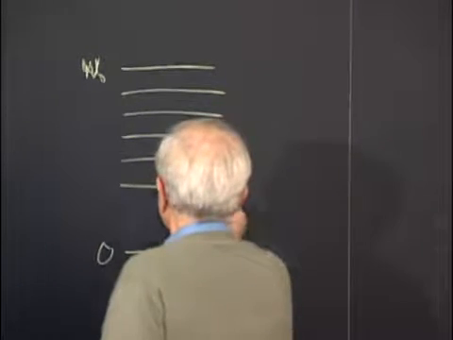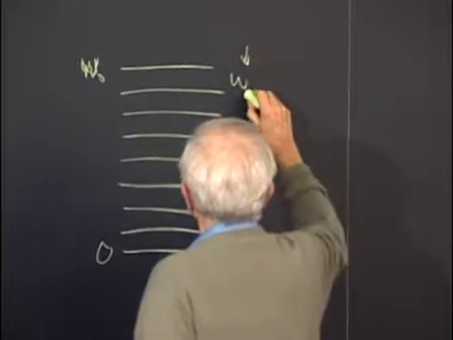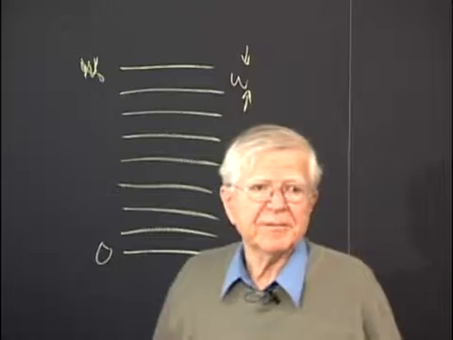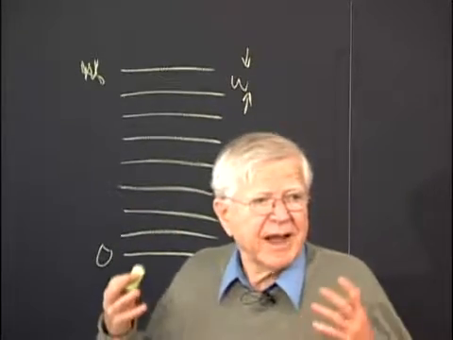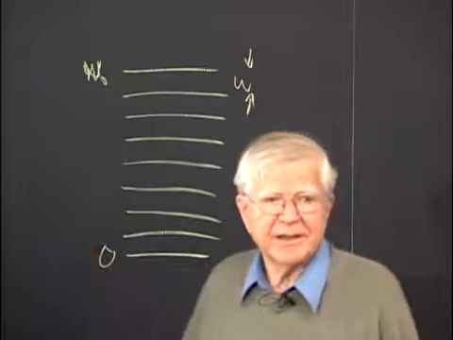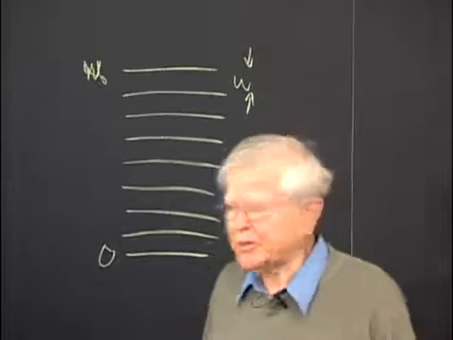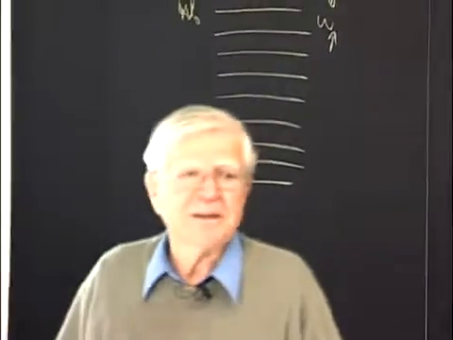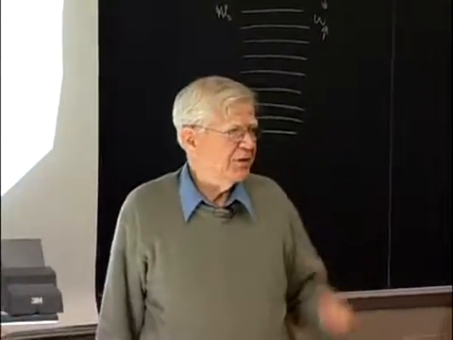We put lots of little pass bands in here, each of width W. And the question is, how many different frequency intervals do we get? How many different signals can we multiplex together here by using different frequency bands, which is exactly the way people who use QAM normally transmit data? Well, the answer is you get W0 over W different bands here.